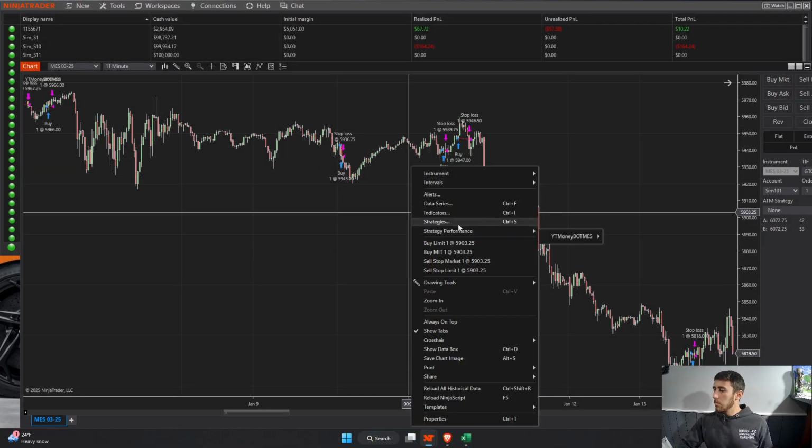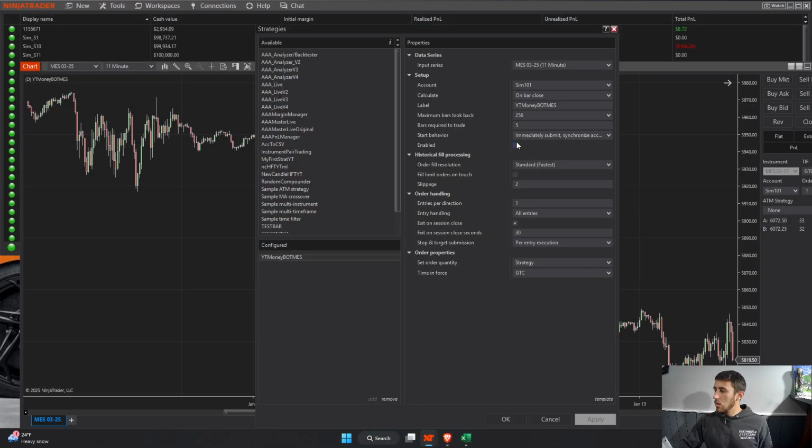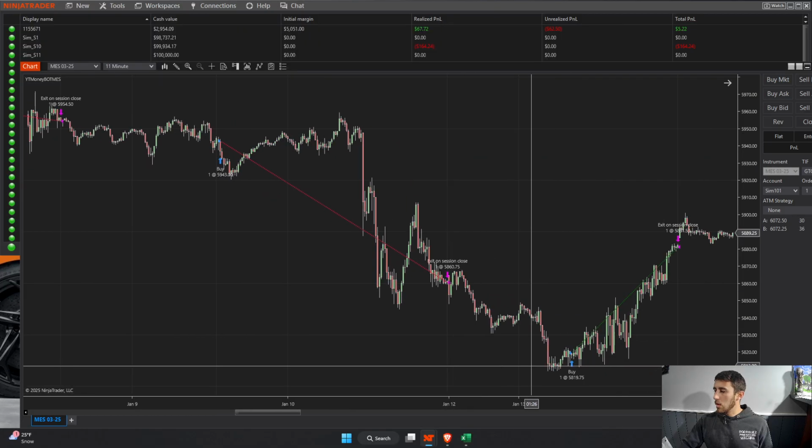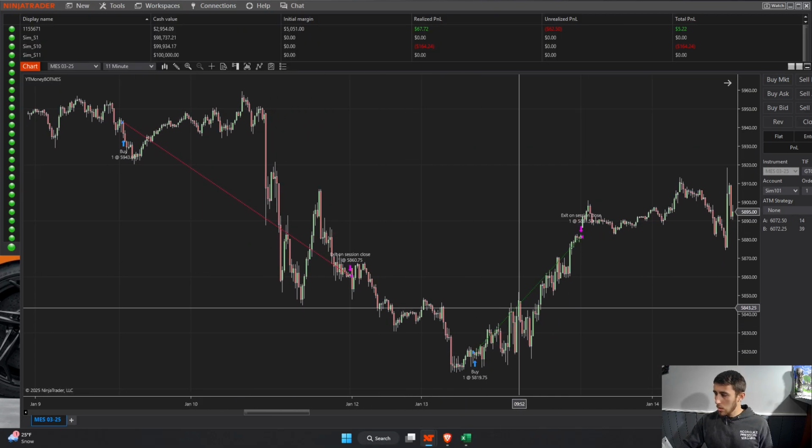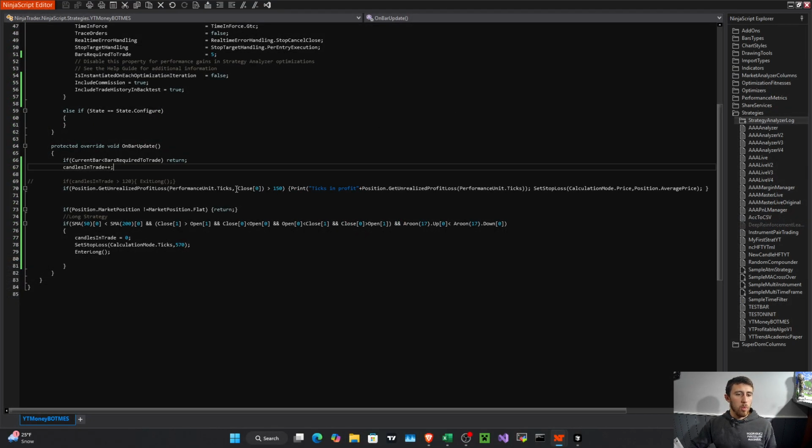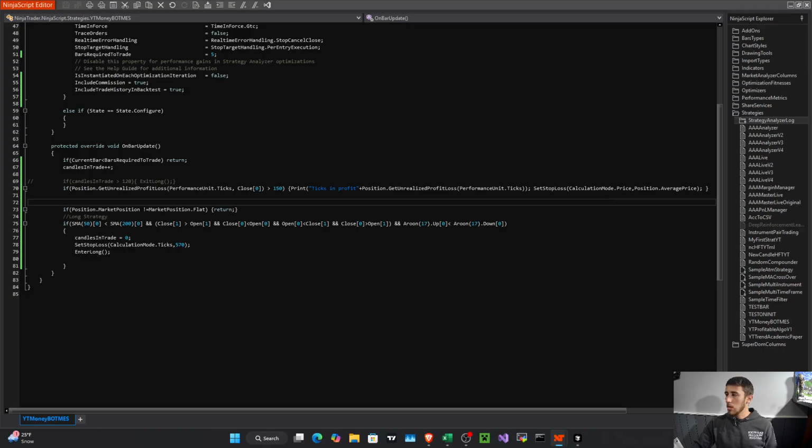Come back here. Strategy, disable, enable. Okay, there we go. So that was it. Basically, I'm not really sure where it was getting the unrealized profit ticks, but it was a number greater than 150. Now by adding the close zero, it knows we should get the position profit in ticks based on that position compared to the current close price. So that was it. I guess that works.